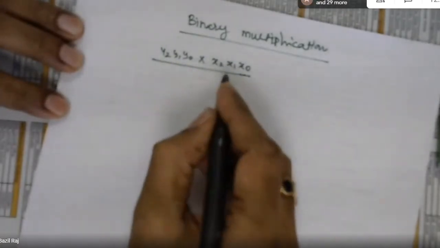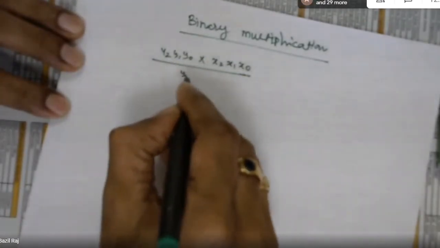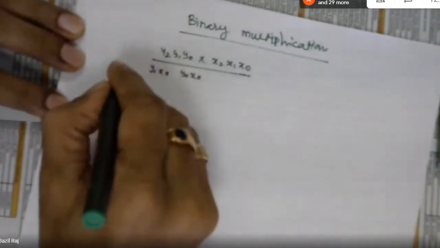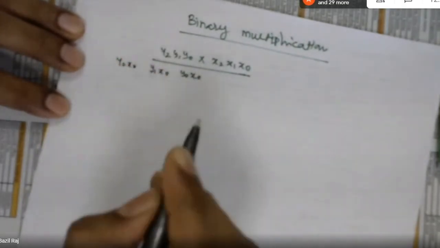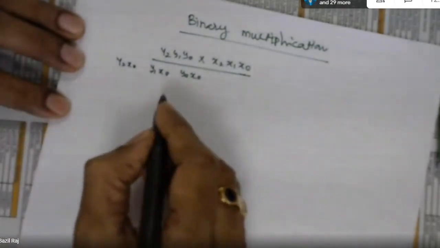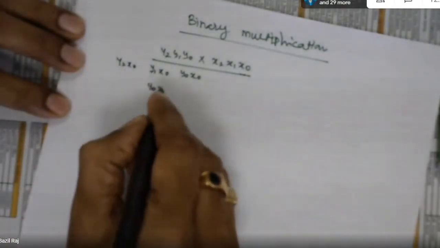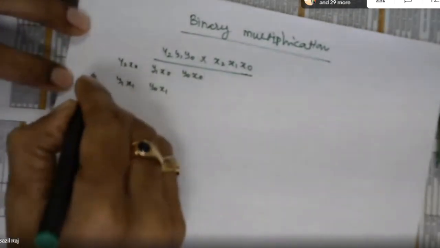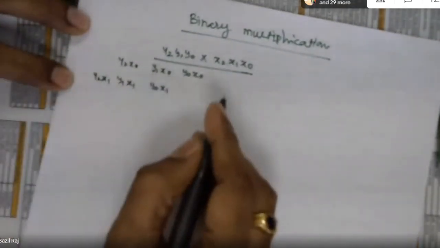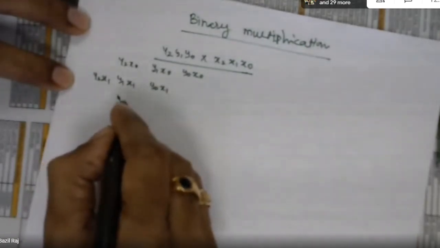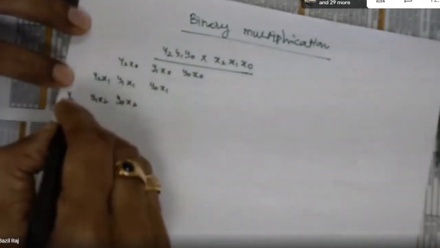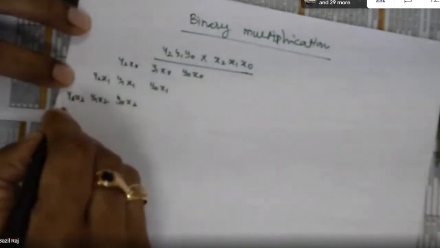So you multiply this now. The first one is y0 into x0. Next one is y1 into x0. Then y2 into x0. Then again you multiply by x1: y0 into x1, y1 into x1, and y2 into x1. Then multiply by x2: y0 into x2, y1 into x2, and y2 into x2.